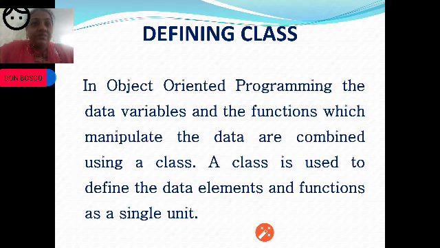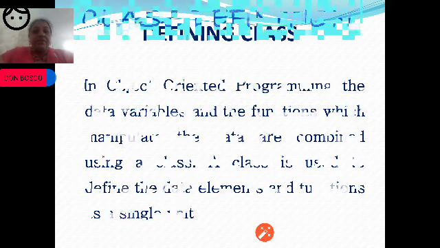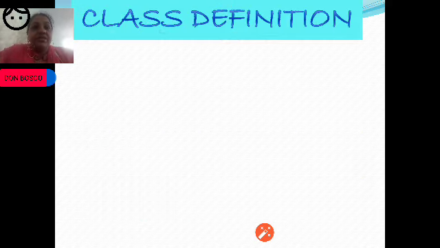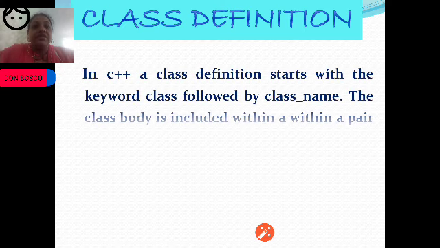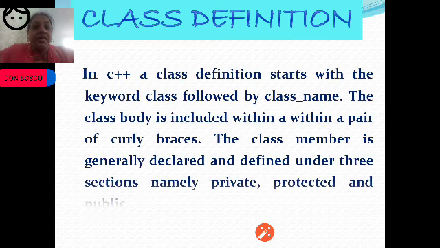It's a blueprint. In the previous class we had studied that an object has certain characteristics and behavior. The characteristics are represented using the data elements. The behavior is represented using functions. And the data elements and the functions are represented in C++ using a class.